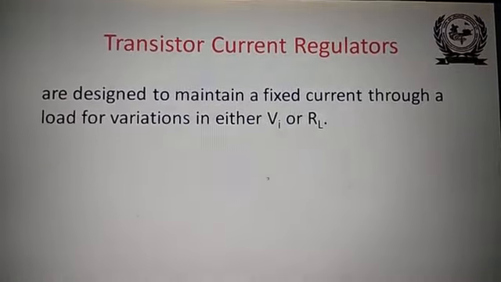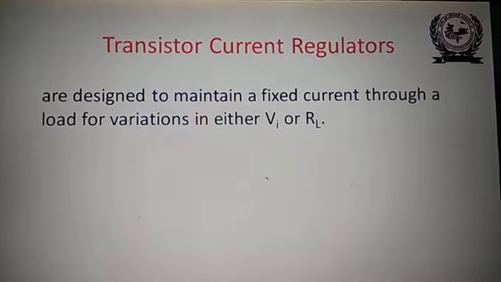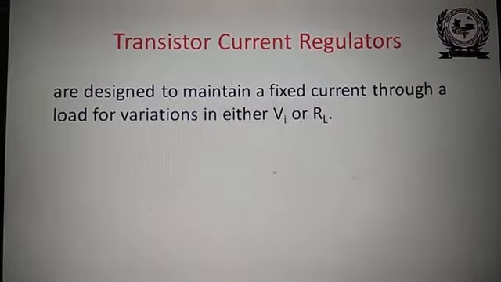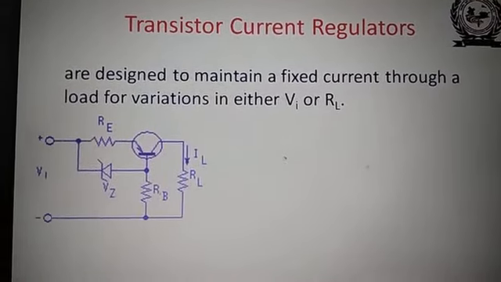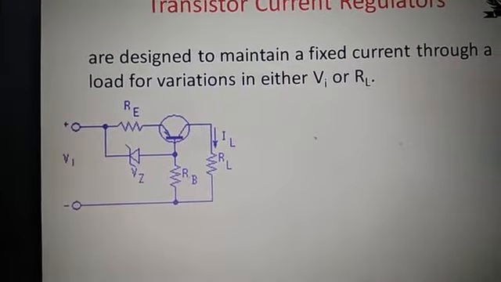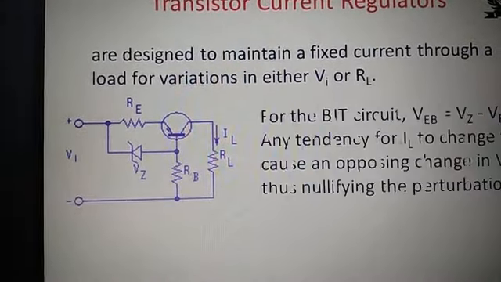We have already seen that transistor current regulators are designed to maintain a fixed current through a load for variations in either VI or RL. We have seen the transistor series regulator with this Zener diode.